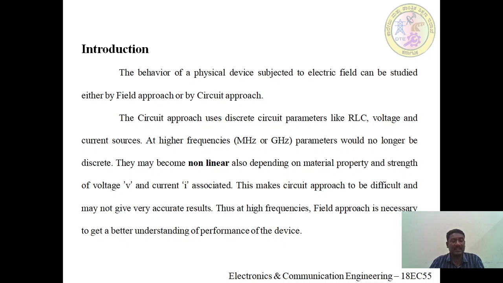This phenomenon is called the skin effect.